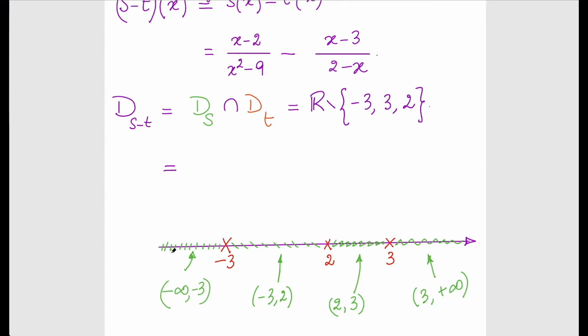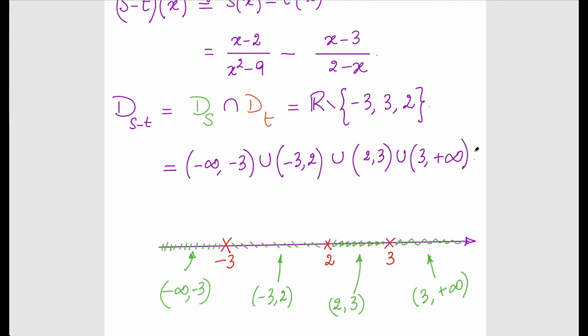Now you want to adjoin all the green guys together to make up a set. You're going to take the union of these green sets: -infinity to -3, union -3 to 2, union 2 to 3, union 3 to plus infinity.